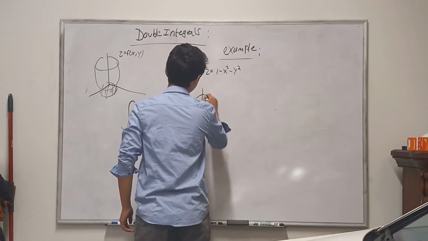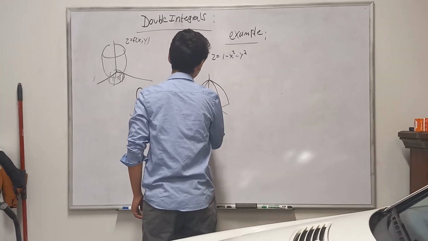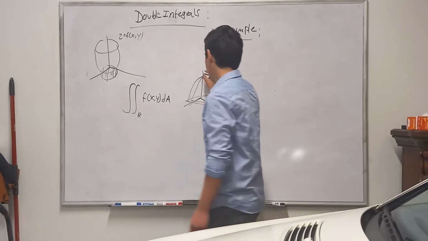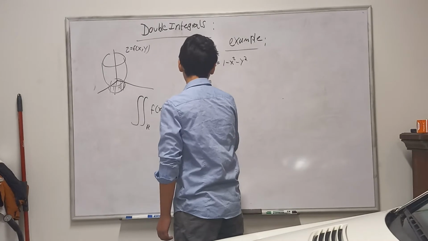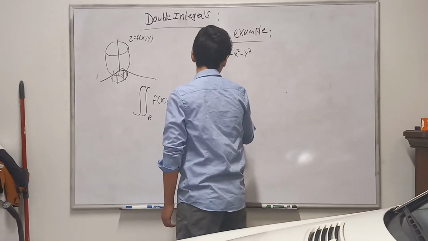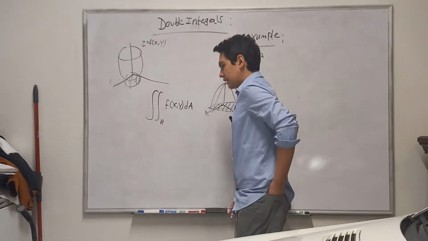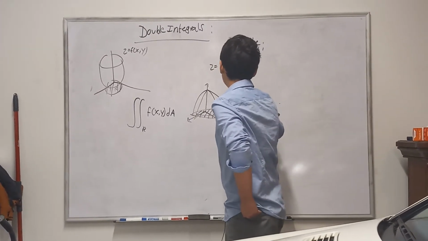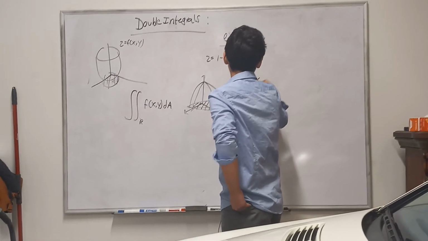If you want a video on graphing three-dimensional functions, just let me know in the comments. So this is the region R that we're looking for. Let's say this region is between 0 and 1.